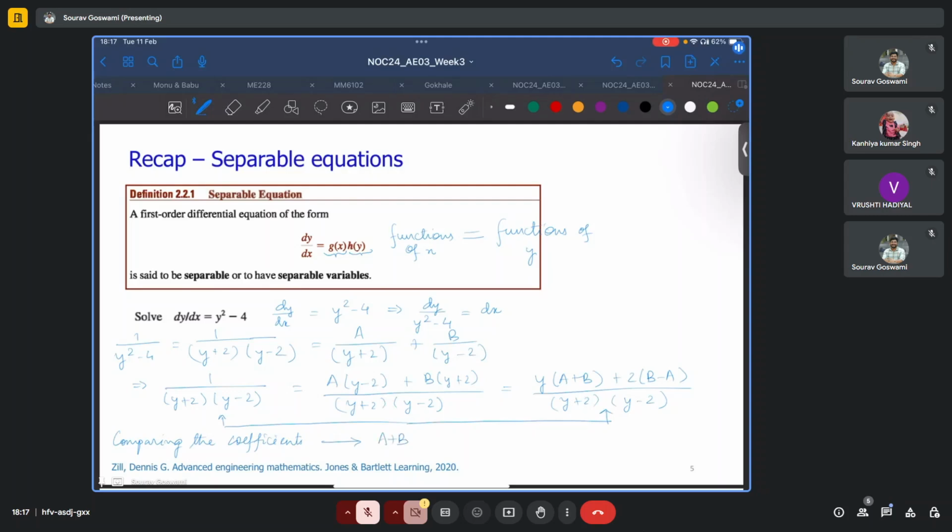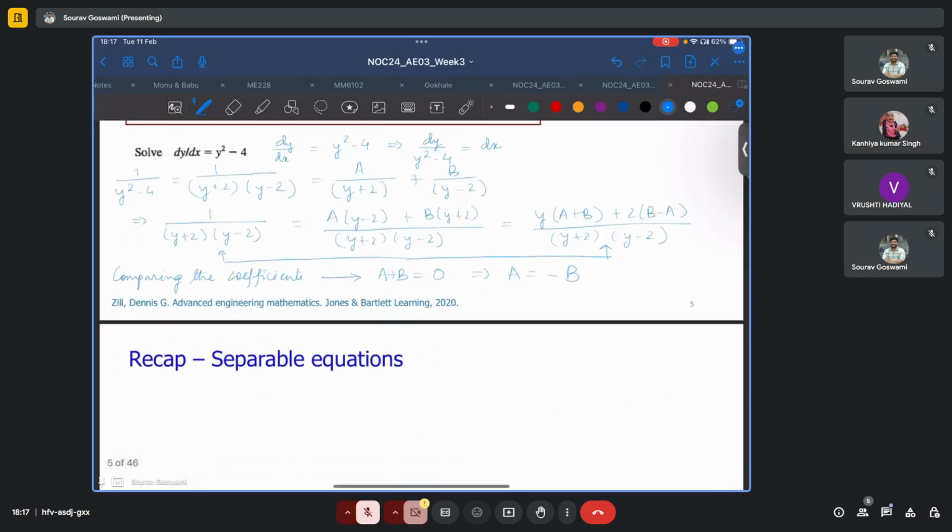So since they are equal, on the right hand side also, the coefficient of y must come to be 0. And this gives us one equality, which is a equals minus b. And on the LHS, the constant is 1, whereas on the right hand side it is 2 times (b minus a). So 2 times (b minus a) equals 1, which implies that b minus a equals half.